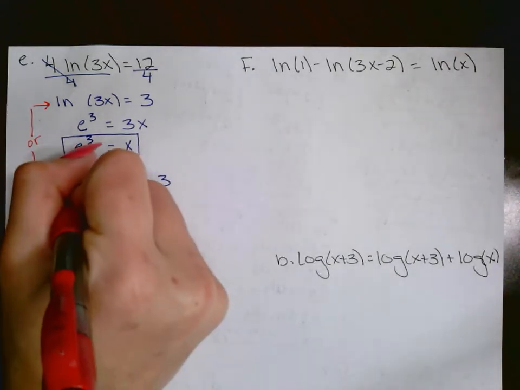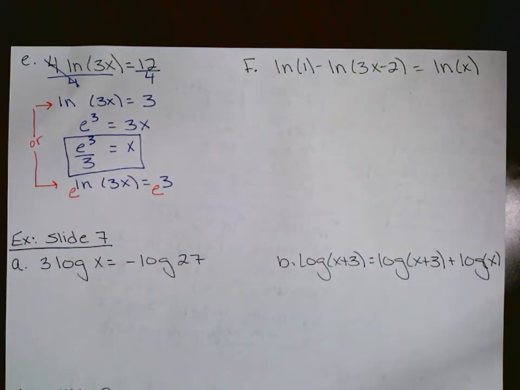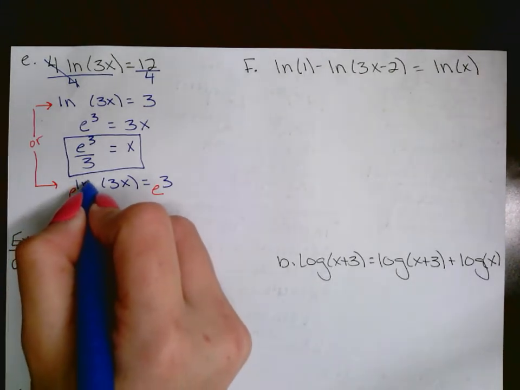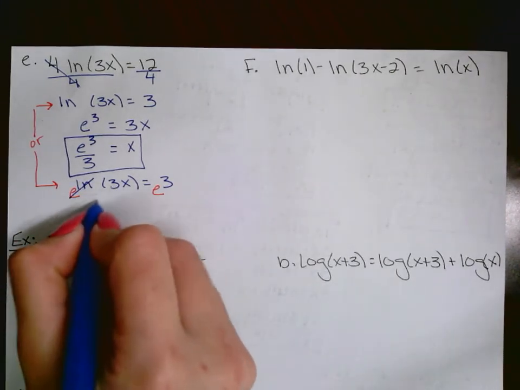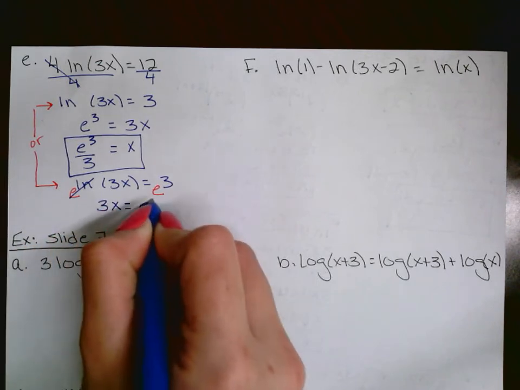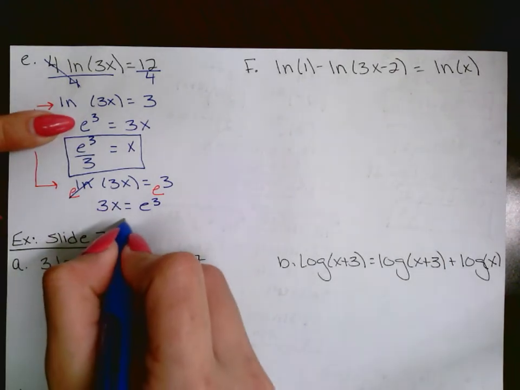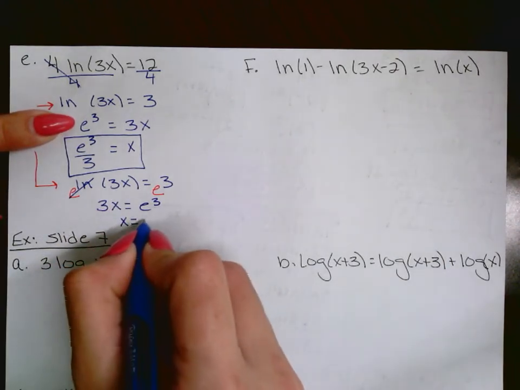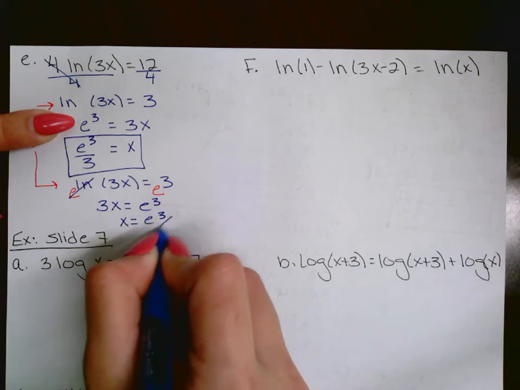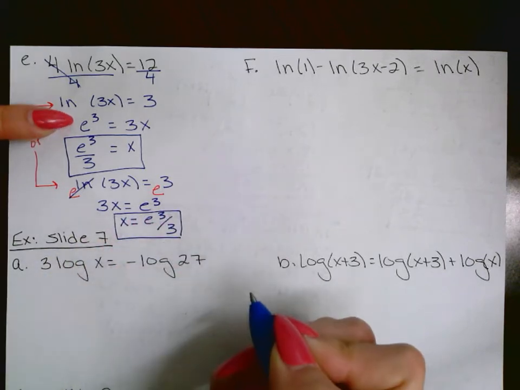I'm allowed to apply a base of e to both sides. What happens with ln's and e's? It equals 1. They cancel out. So now I have 1 times 3x, which is just 3x, equals e to the third. And now I'm right back at this step. Just all I would have left is to divide that 3. Different options.